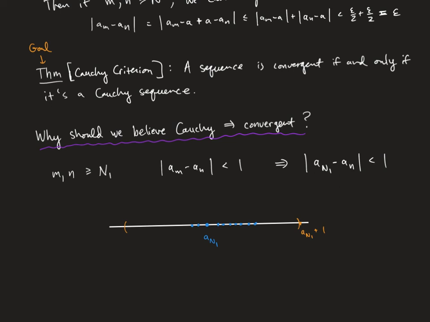So that, at least intuitively, bounds all of the elements of the sequence. So we might note here, as something to prove later, that Cauchy sequences are bounded, and we'll prove this later.